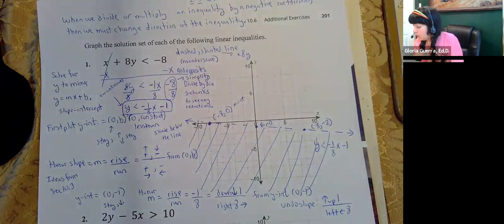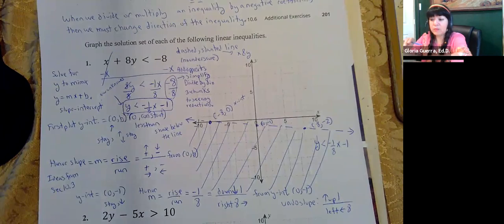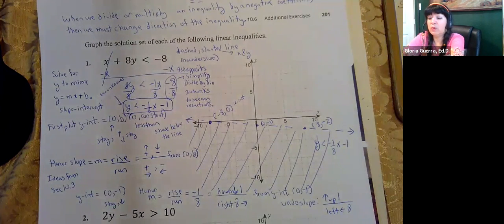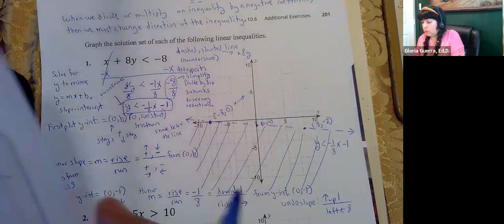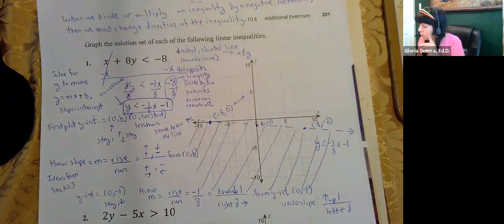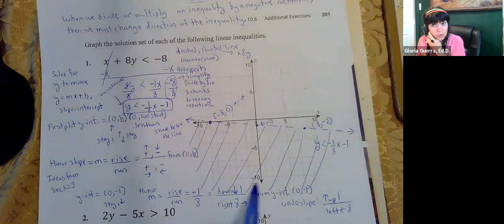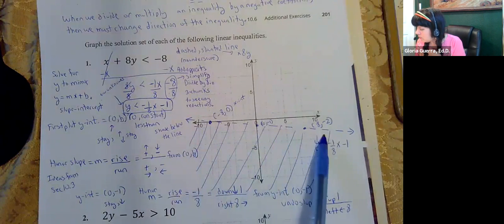Okay. Now, as a check, remember in your steps, they did have you do a check, remember? They said something about a test point, right? So what you should do is check your work: pick any point that you want in the shaded region, and try to pick something that's not actually on the boundary line.